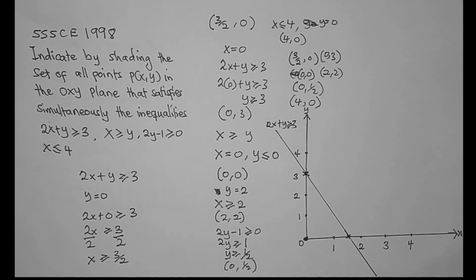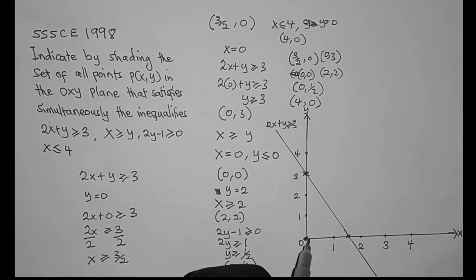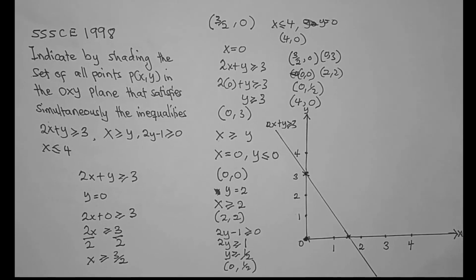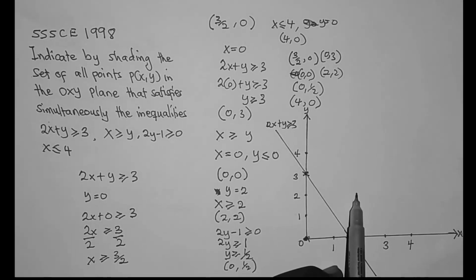Now let's go ahead and plot the second point, which is (0, 0) and (2, 2). This is the coordinate for (0, 0), and then (2, 2): 2 on the x-axis and 2 on the y-axis is going to be somewhere here.